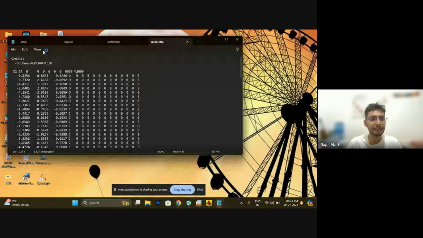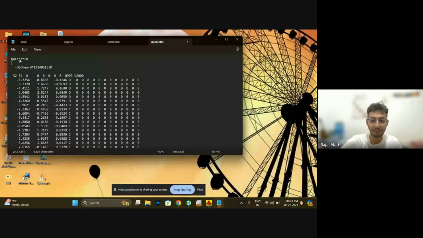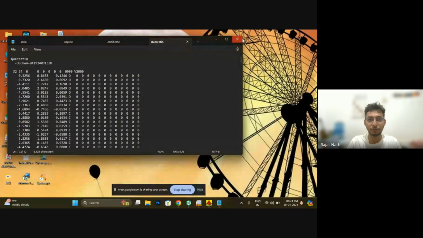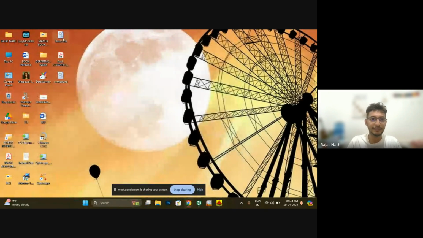Then change the first line to its name without any space, press Ctrl+S and close Notepad. Then this ligand will be downloaded and its name will be changed from PubChem ID to its compound name.